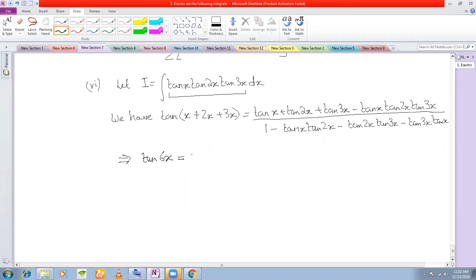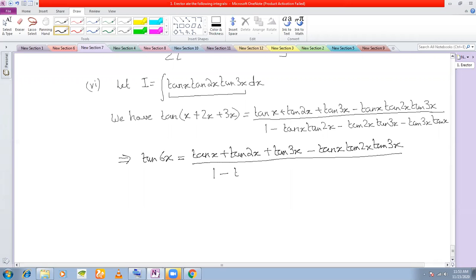So tan 6x is tan x plus tan 2x plus tan 3x minus tan x, tan 2x, tan 3x divided by 1 minus tan x, tan 2x.